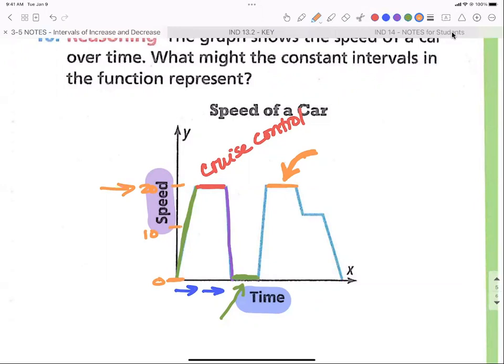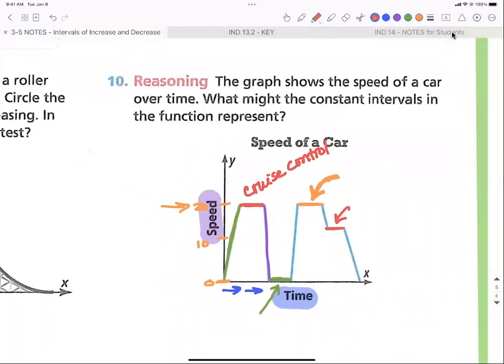How about this flat spot right here? Cruise control or a stop? Yeah, cruise control, just a little bit slower than our other cruise control. So when you're writing out what's happening at each interval, you need to write out what the constant intervals in this function might represent. Well, you need to number them.